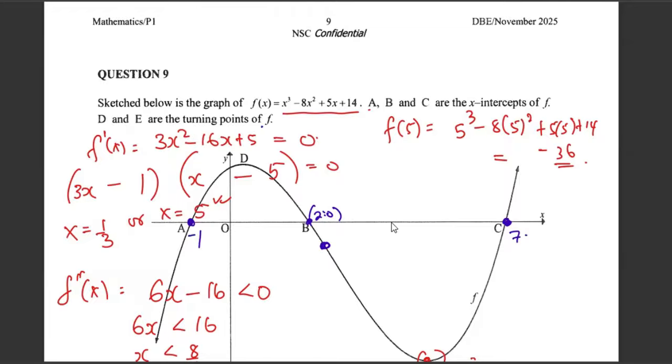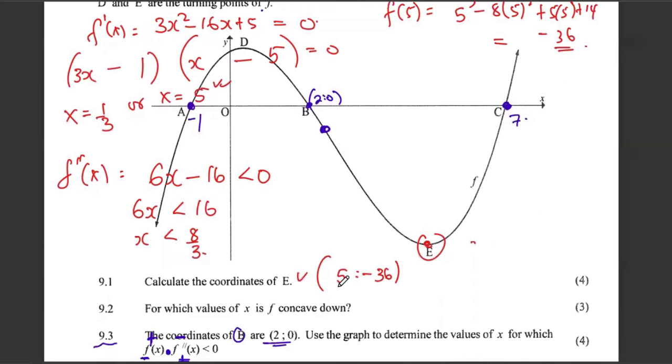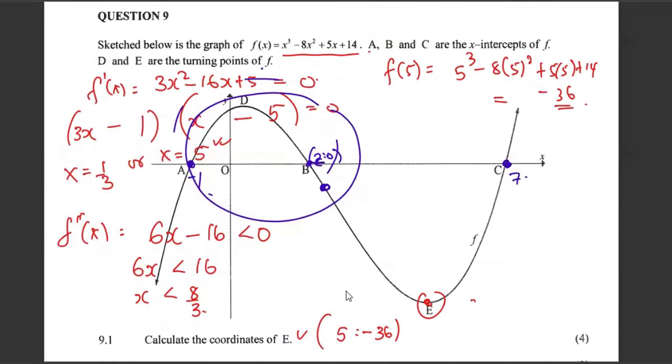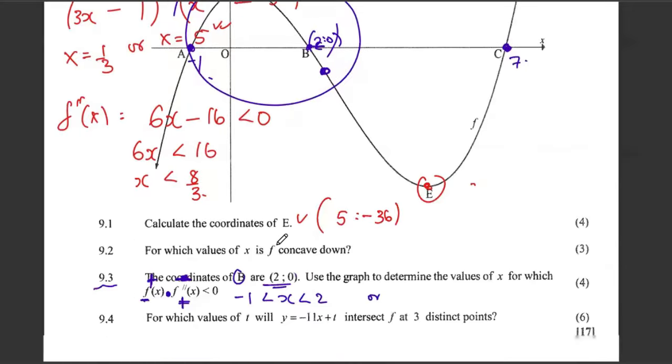Okay, so if that is the case, how are we going to represent this? So if the graph is concave, let's say down, where is it concave down? It is this region. And then the graph is above the x-axis, which is between -1 and 2. So we're going to say that -1 is less than x, is less than 2. And then we're also seeing this scenario whereby, where do we look at the concave up?